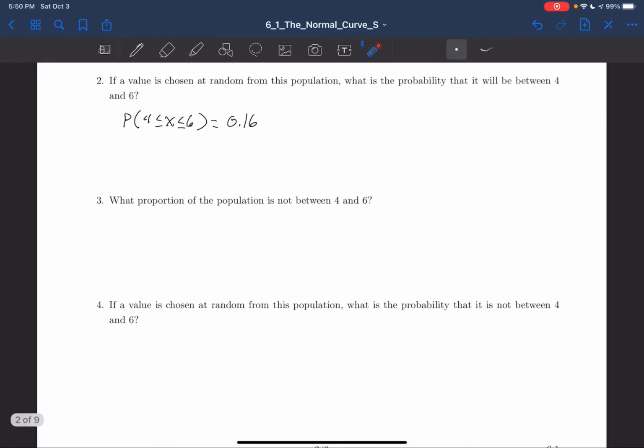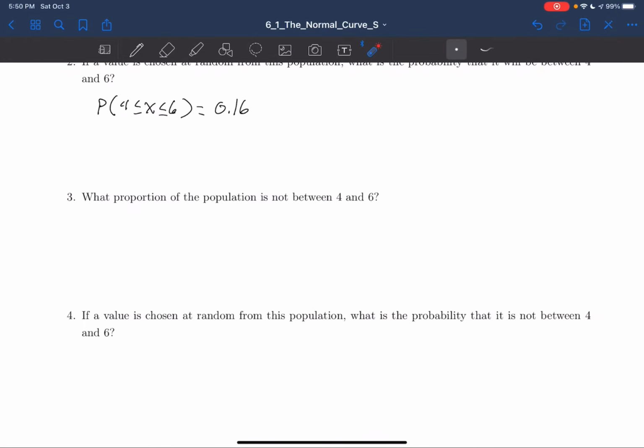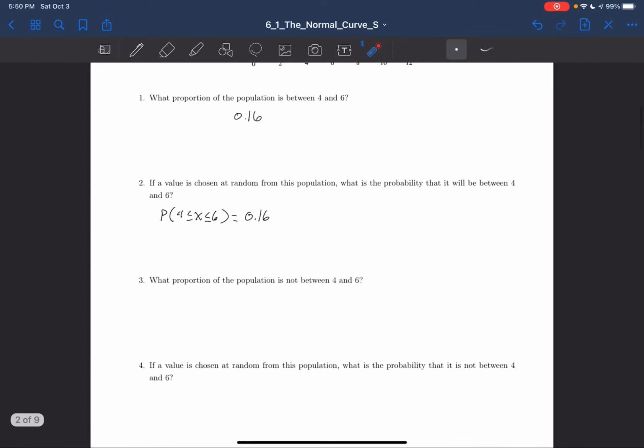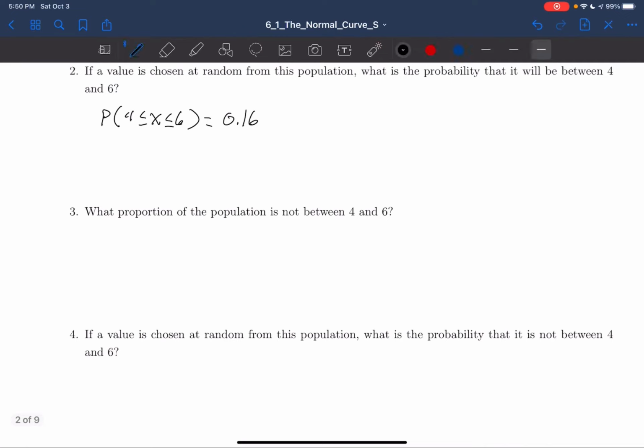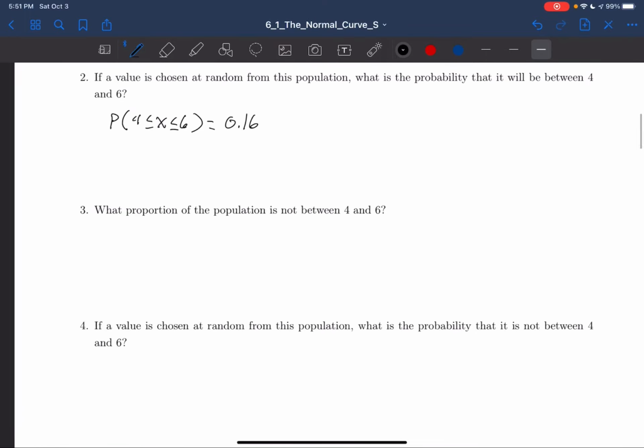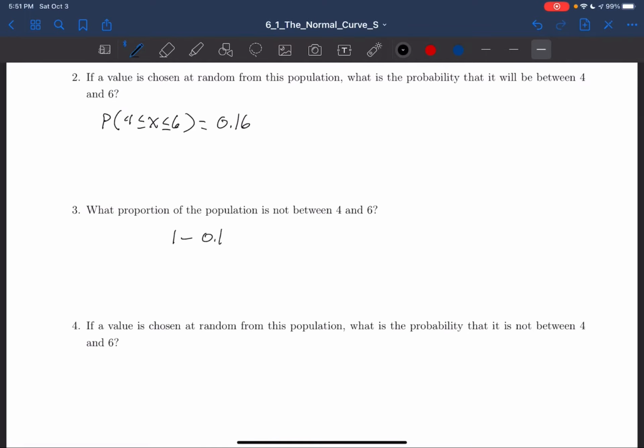How about: what is the proportion of the population that is not between 4 and 6? We want to know everything outside of 4 and 6, here and here. For that, remember that we can use the rule of complement since these are probabilities. So we do 1 minus 0.16.